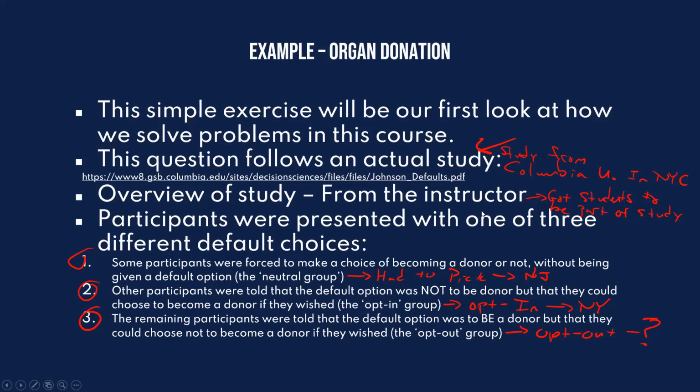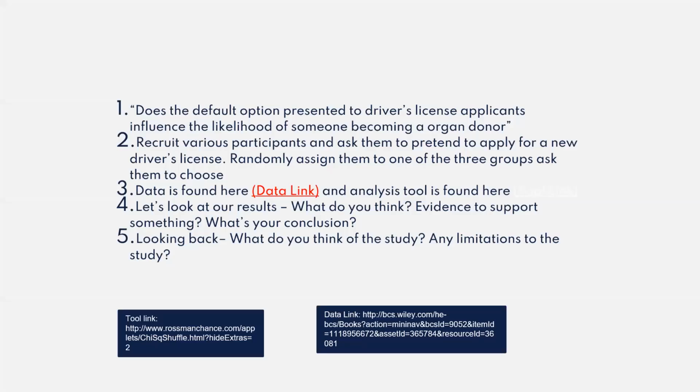Here's the 5-step process in action with this actual study. Ask a research question. Step 1: does the default option presented to driver's license applicants influence the likelihood of someone becoming an organ donor? This is our research question, and the answer is going to be yes or no. You need evidence to make a conclusion here.